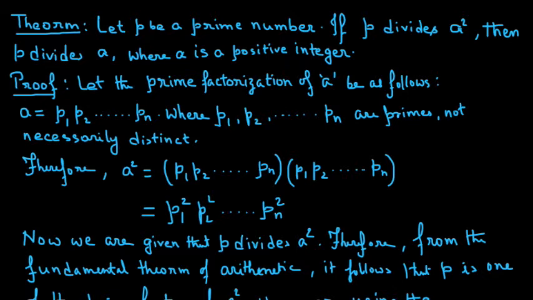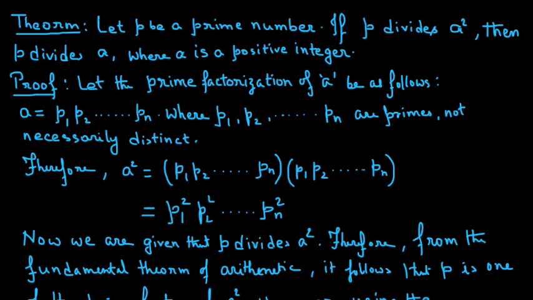Therefore, squaring both the sides, we get A square is equal to (P1 P2 ... Pn)(P1 P2 ... Pn). If we multiply both, then we'll get P1 square, P2 square, ..., Pn square.